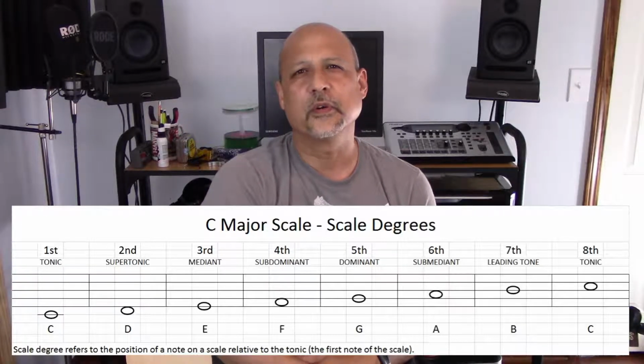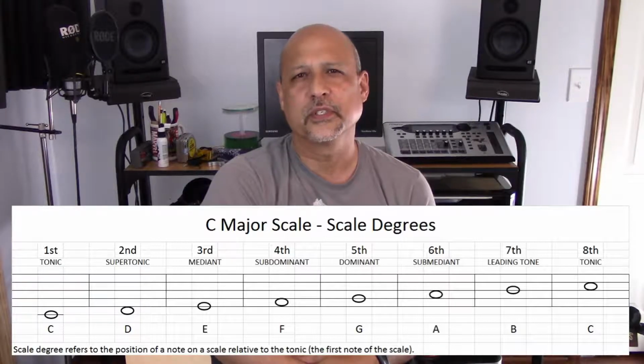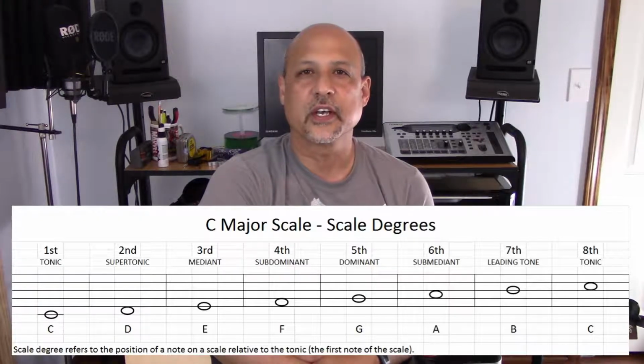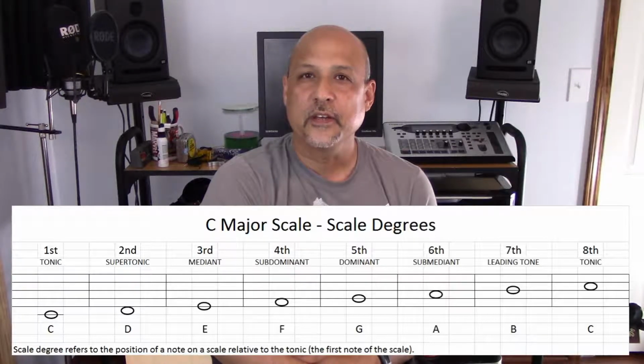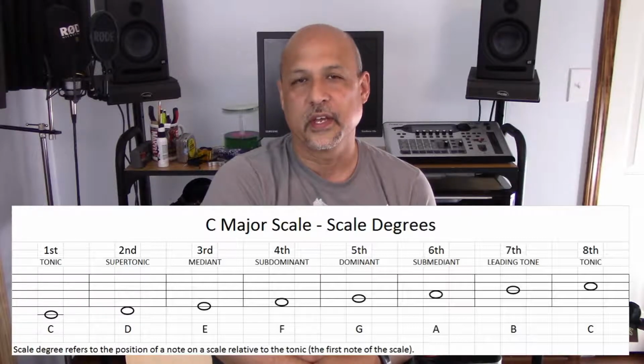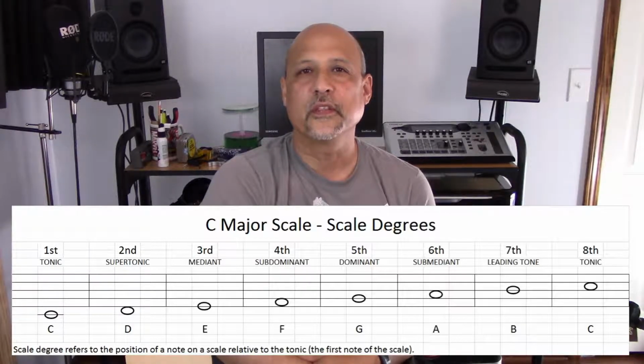But especially for our purposes, we're going to concentrate on the numbers. So, for example, in the C major scale, the G is the fifth scale degree, or just the fifth. So when you hear me say play the fifth in the key of C, that would be playing a G.